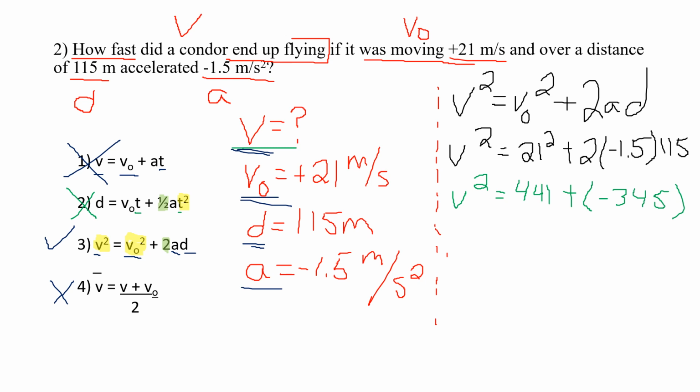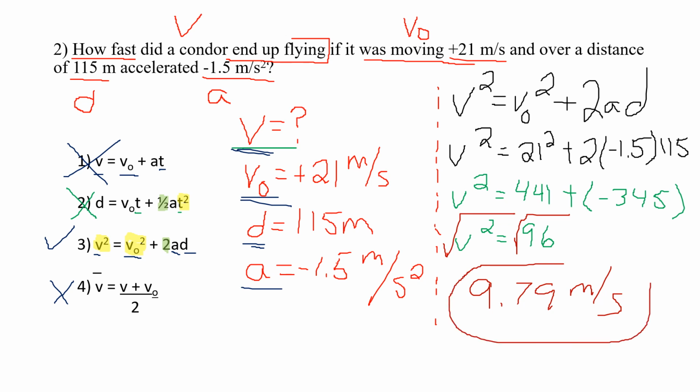When I add these 2 numbers up, I get V squared equals 96. But I'm not done, because I don't want V squared, I want V. So I've got to square root both sides, and when I square root both sides, I get 9.79, it goes on, let's just say 9.79 meters per second. This is what I care about.